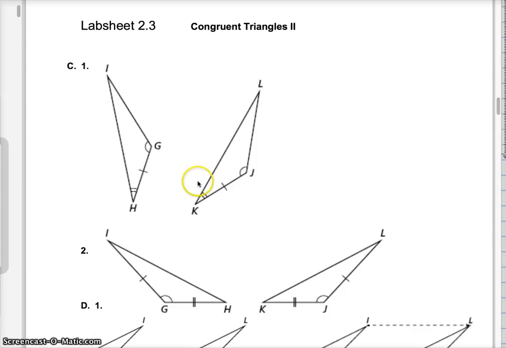It draws it out for you, and you're going to prove that these two are congruent. Okay. So this angle and this angle are corresponding and congruent to each other. This side and this side are corresponding and congruent to each other. And this angle and this angle are corresponding and congruent to each other. So can you prove or check that these two are congruent triangles?